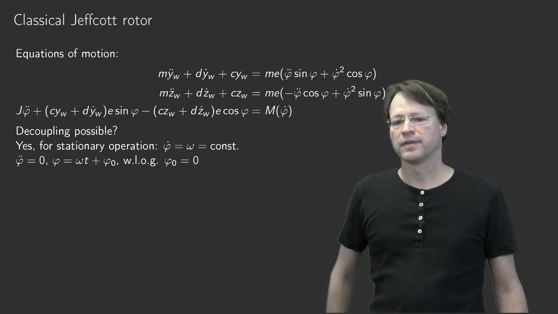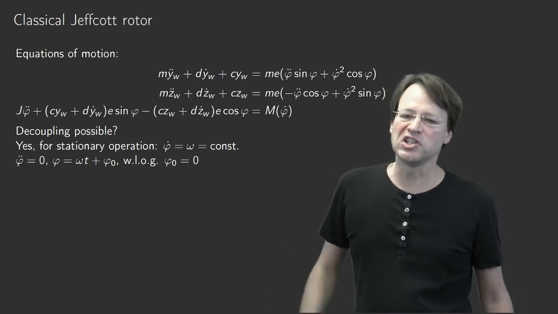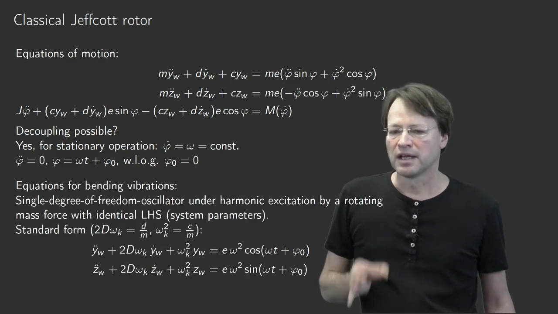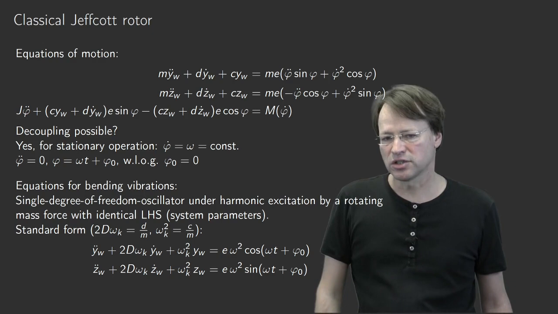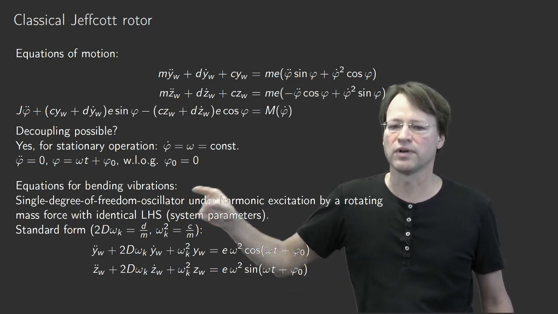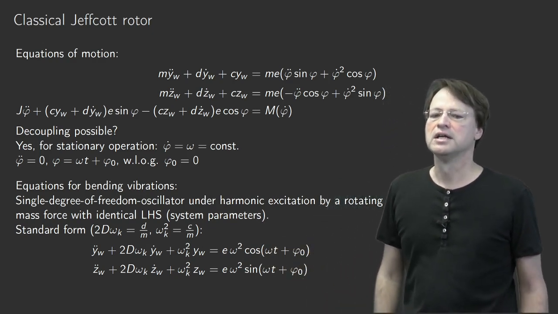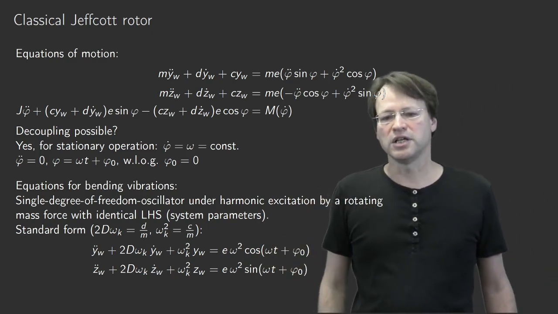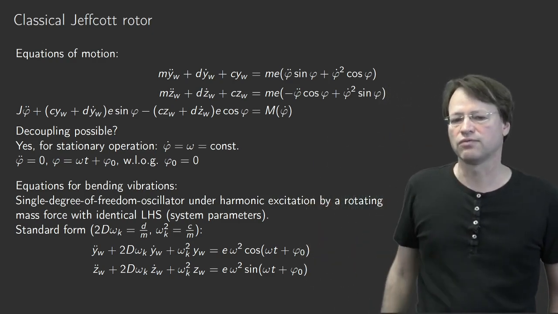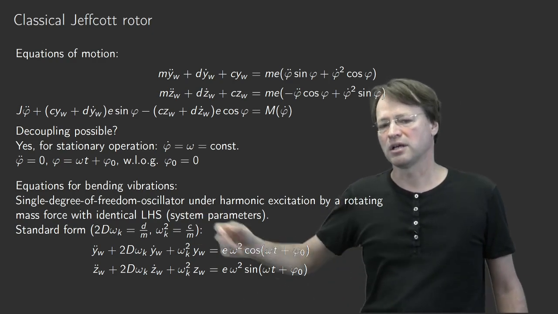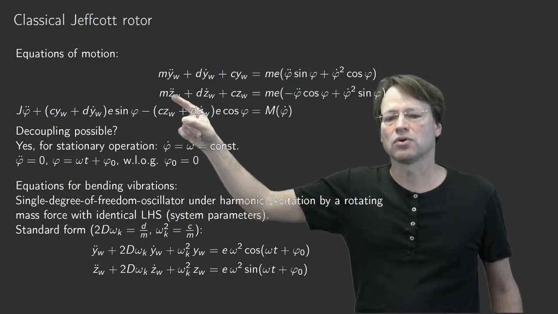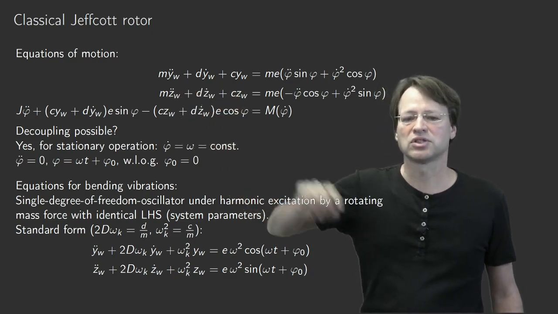And as you can see, these are linear equations. They are decoupled and they represent single degree of freedom oscillators. So the equations for bending vibrations for these coordinates, for these bending displacements, are the equations of a single degree of freedom oscillator under harmonic excitation, and the excitation is represented by that of a rotating imbalance, a rotating mass force, and they have identical left-hand sides because all these parameters are the same.